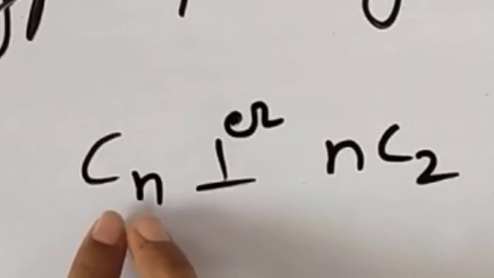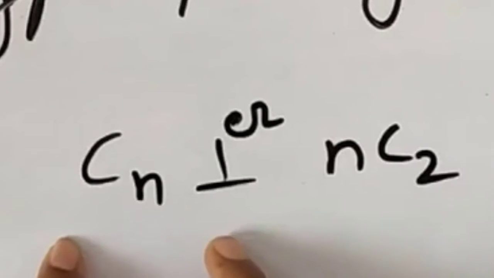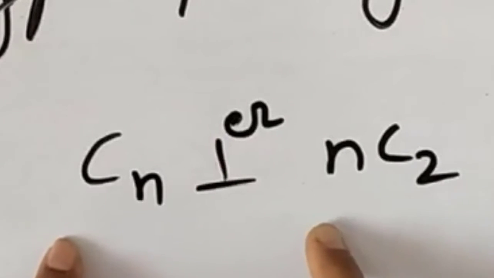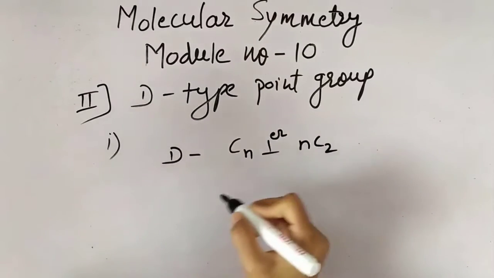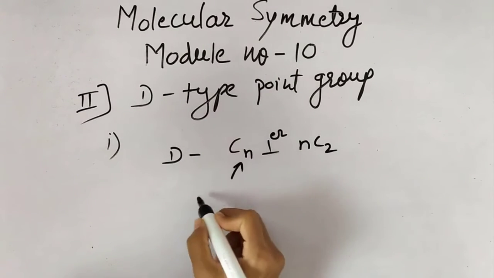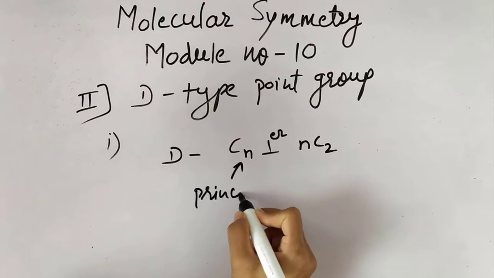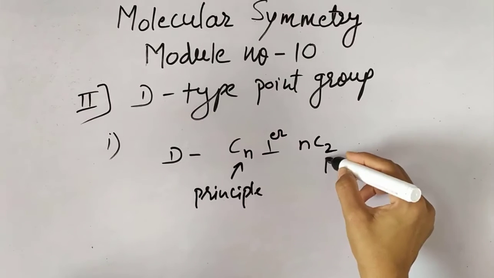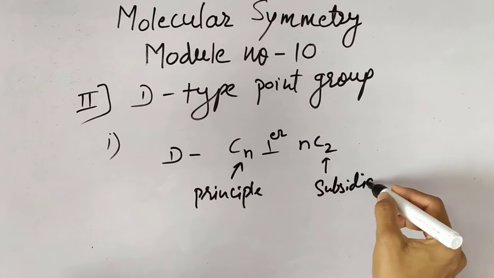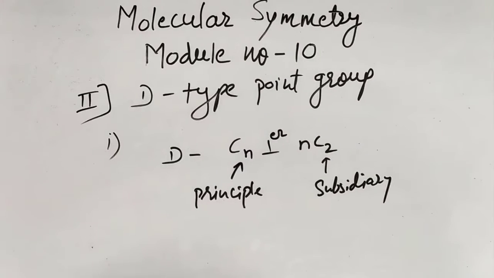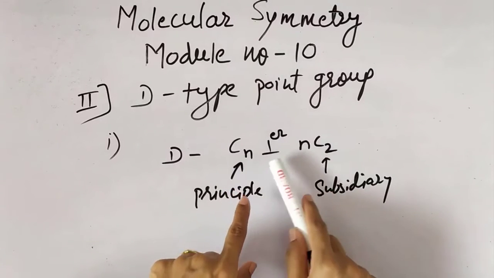If the molecule contains Cn as the main principal axis which is perpendicular to n number of C2 subsidiary axes, then the molecule is said to possess D type of point group, where this Cn will be the principal axis and this C2 will be the subsidiary axis.